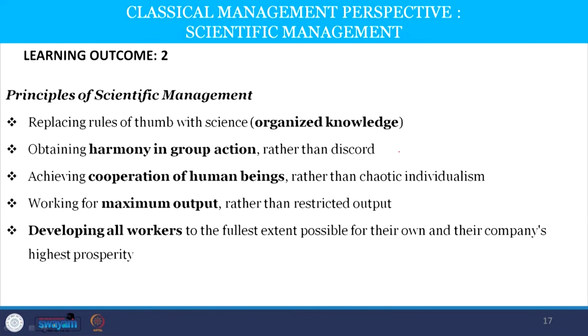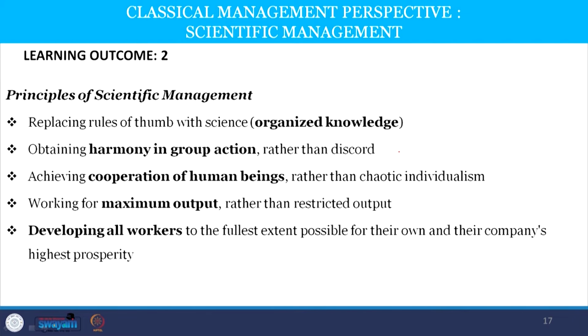Learning outcome 2 is replacing rules of thumb with science or organized knowledge, and obtaining harmony in group action rather than discord. They also emphasized achieving cooperation of human beings. Employees can perform efficiently if there is cooperation and harmony within the group, rather than chaotic individualism.